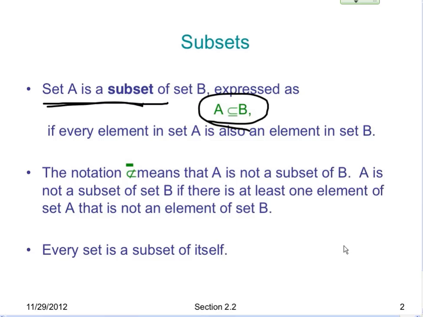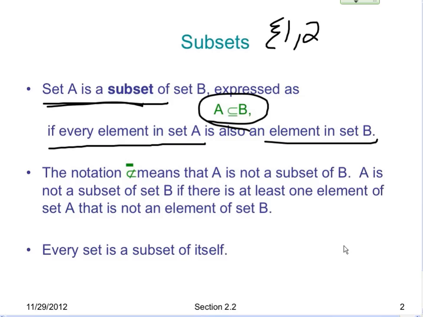Set A is a subset of set B if every element in set A is also an element in set B. So in other words, if I have set A, which is {1, 2, 3}, and I have set B, which is {1, 2, 3, 4}, we would say that A is a subset of B, since 1, 2, 3 is also in B, which is {1, 2, 3, 4}.